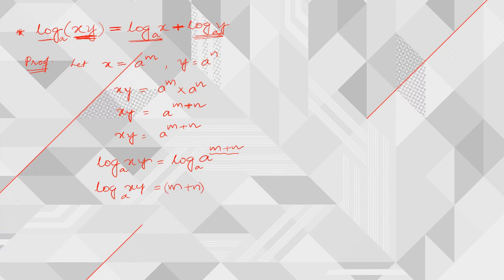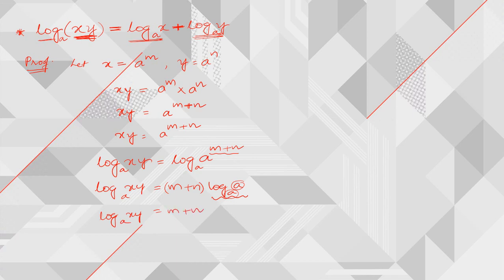So this I can write as m plus n into log a to the base a. Log a to the base a is nothing but 1. So I can write log xy to the base a is equal to m plus n.